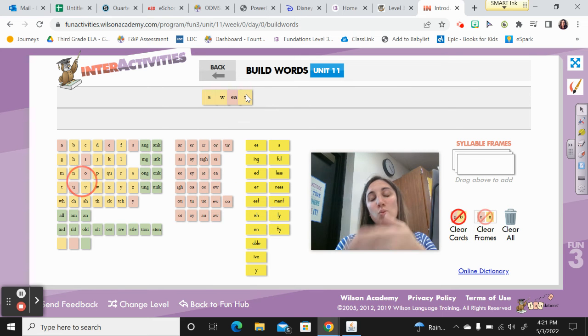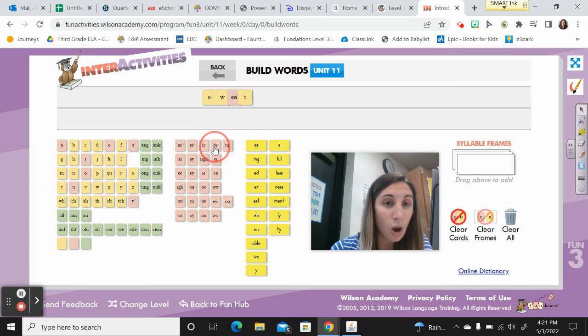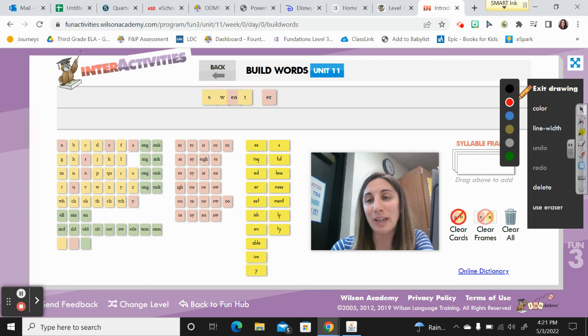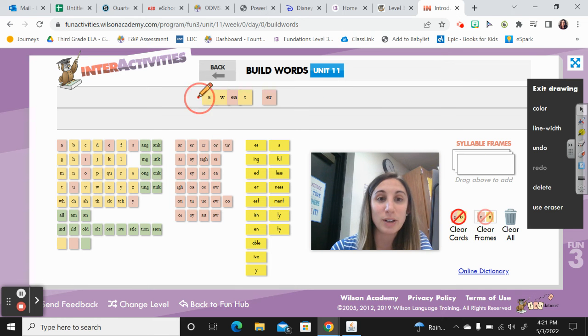And then we need sweater. Which sound? Ooh. At the end of a word, it could either be E-R, O-R, or A-R. It's E-R, right, sweater.